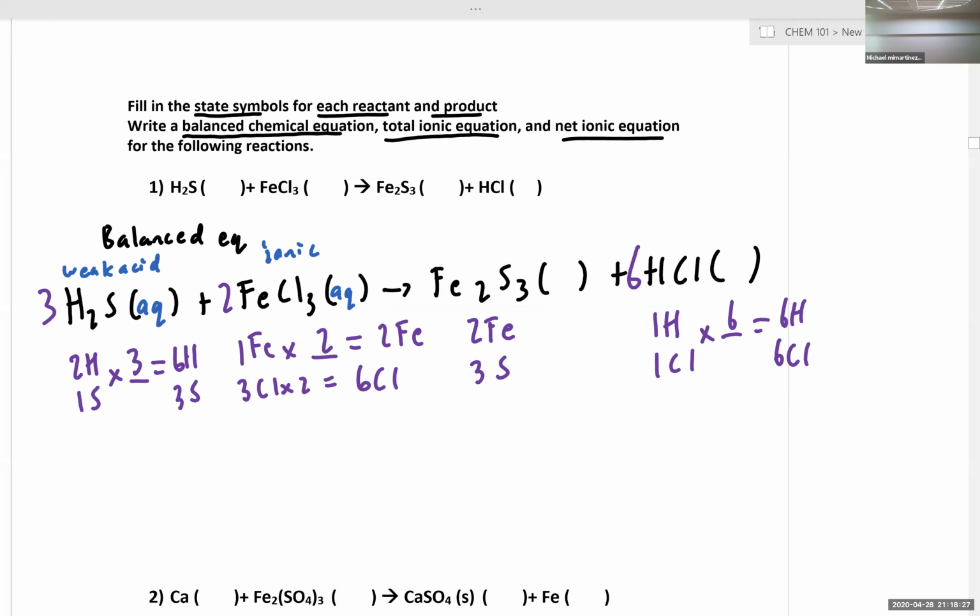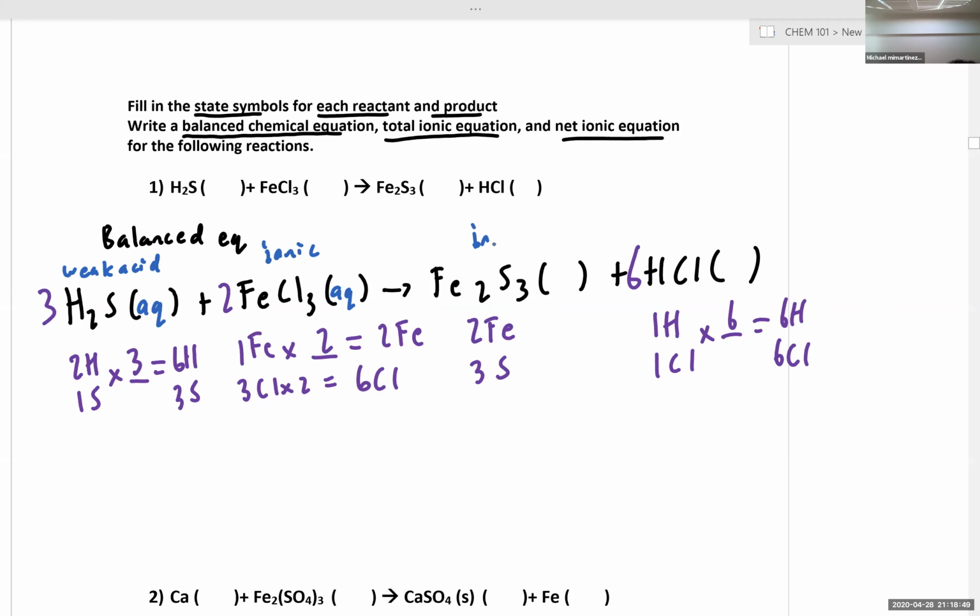Iron 3 sulfide, is this soluble or insoluble? Remember our discussion of sulfide salts? Sulfides, are they in general soluble or insoluble? And don't be shy to flip to your table.